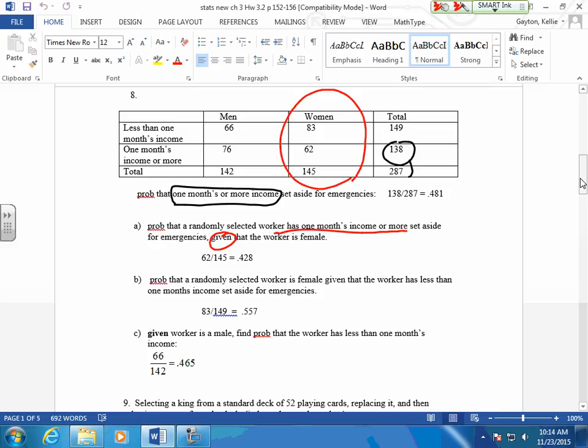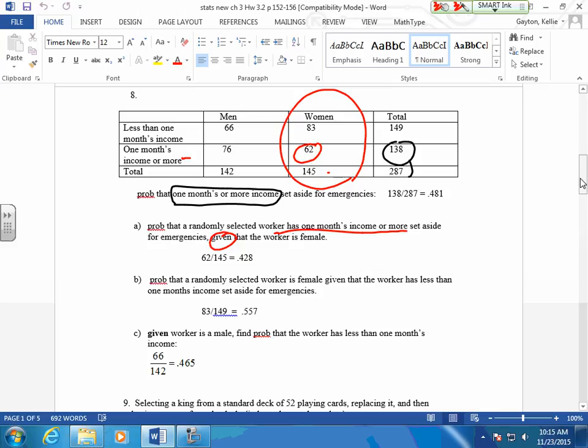So then I find has 1 month or more, so 62 out of 145. And either reduce it in lowest terms fraction, which your calculator will do for you. Just put in 65 divided by 145, flip it back to a fraction.